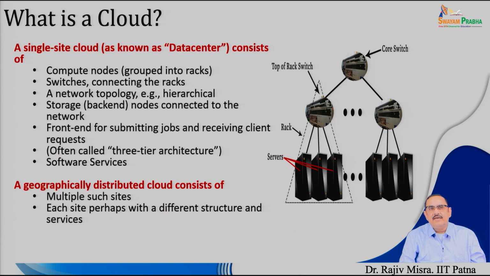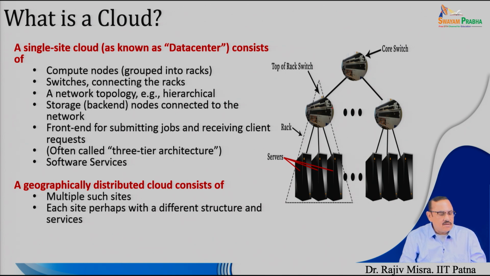So, let us see what is inside the cloud. Let us say a single site cloud, also known as the data center, has compute nodes. Hundreds and thousands of compute nodes are grouped into racks, and the nodes inside racks are often connected with switches.